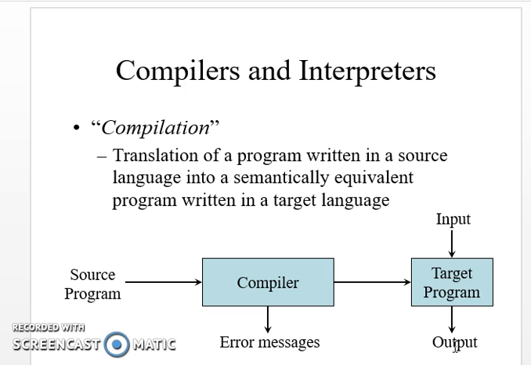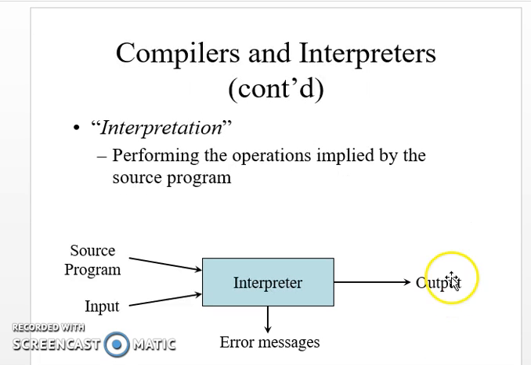And what is an interpreter? An interpreter also performs the same operation as a compiler, but it does not produce the target code. At the same time, it translates the source program, takes the input, also generates the error messages if it finds any, and finally produces the output. It is nothing but line by line translation.